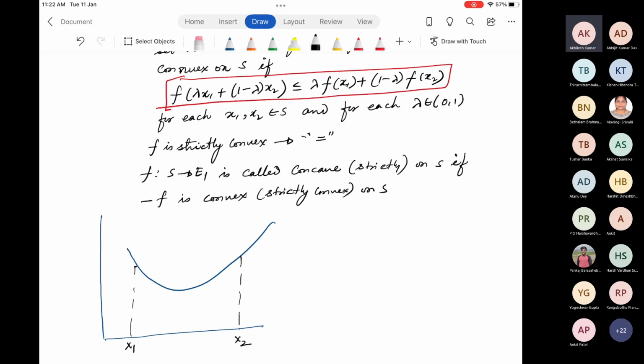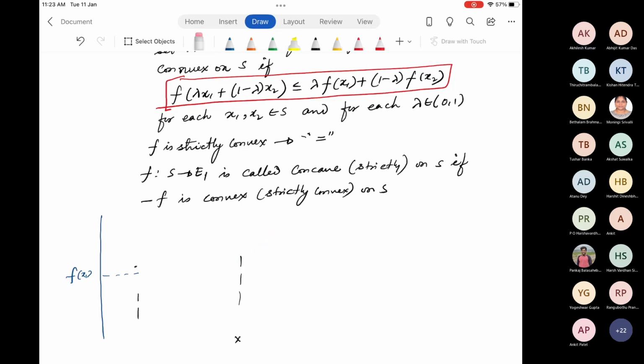Just be a little careful with the position. This is the connecting line. This is your f x1.